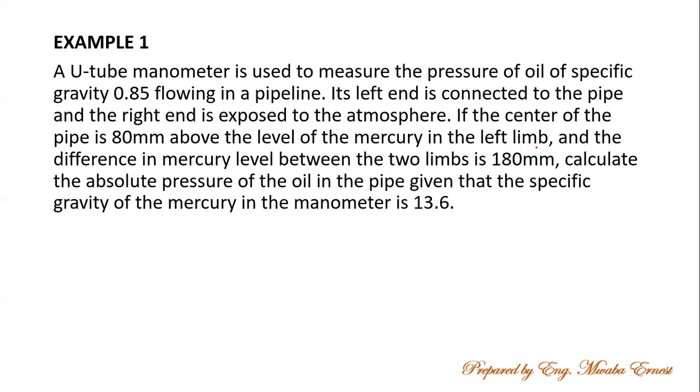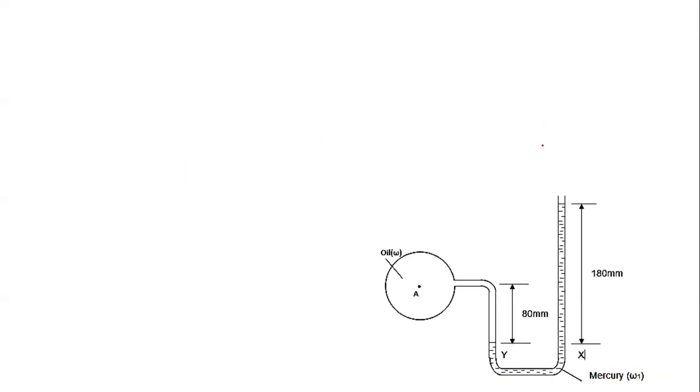Oh my God, this sounds like a mouthful. Let's try to understand this. 80 millimeters above the mercury level, where? In the left. So here is our manometer. The center of the pipe is 80 millimeters above the level of the mercury here in the left limb. This is left, this is right.